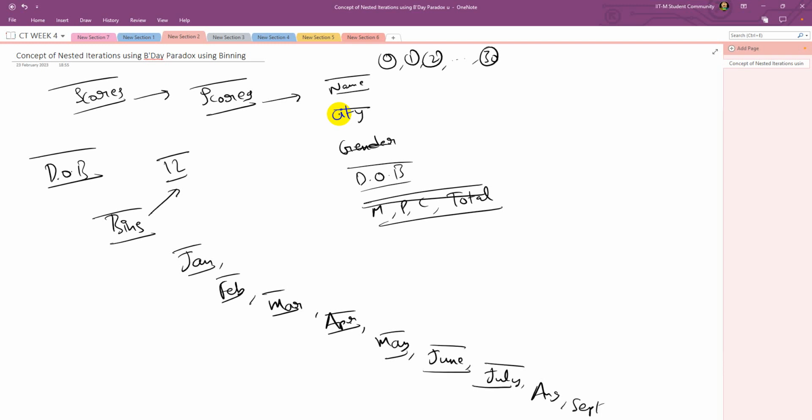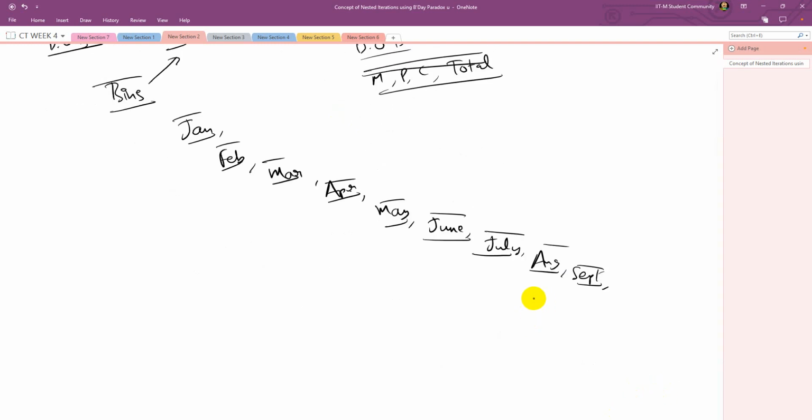These are the bins that we are creating one after the other. These are the bins that we have created, all the 12 bins.